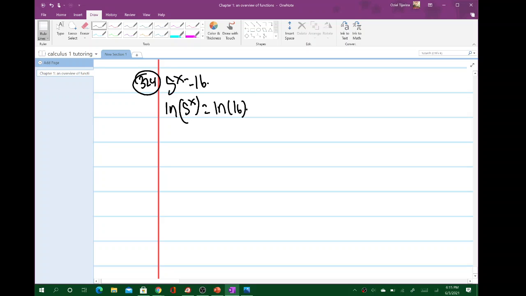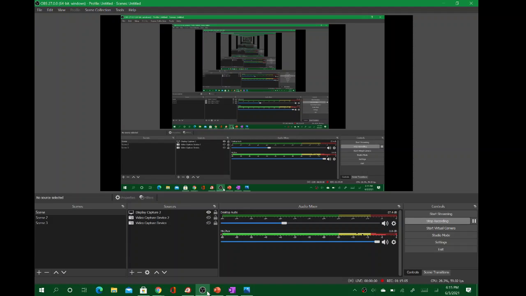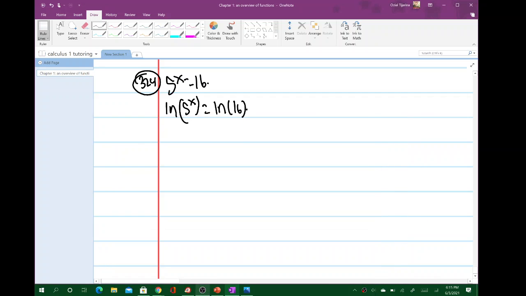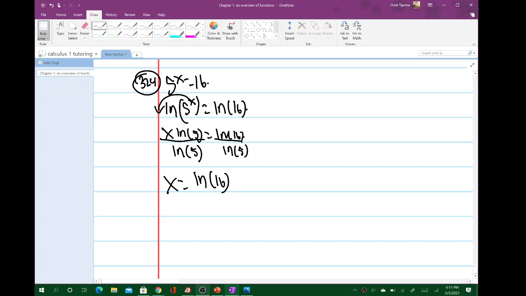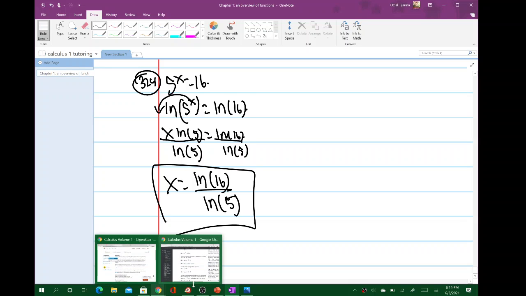And you don't have to round this with a calculator as long as you understand how it's solved. So really it's going to be x ln of 5, because you're going to move the power to the front, is equal to ln of 16. Now how do you solve for x? You're just going to go ahead and divide both sides by ln of 5. This is going to be equal to ln of 16 over ln of 5.